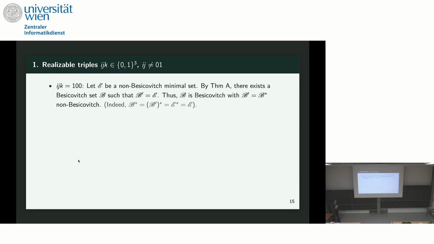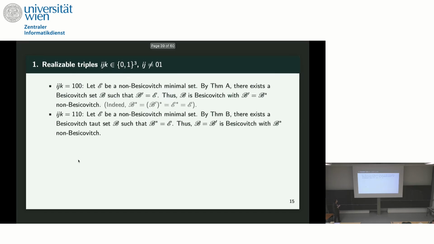So how to see this equality? Well, B star is equal to B prime star. This is something small that you have to prove, but it holds for any B. Now B prime is equal to E, so I'm substituting for this B prime the set E. And now E was minimal. This means that E star is the same as E.